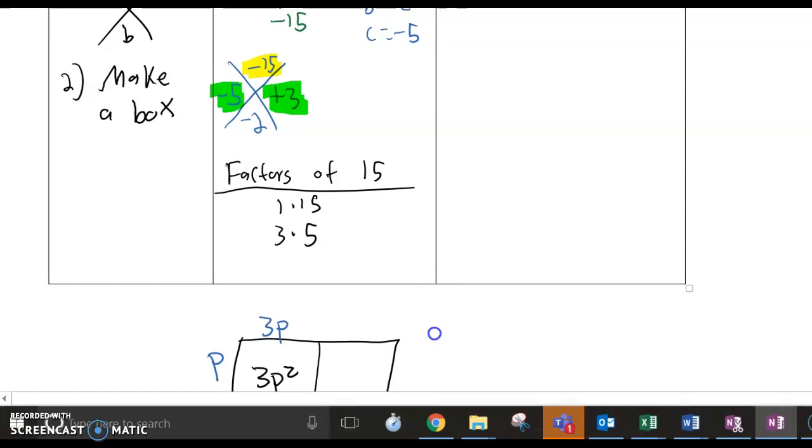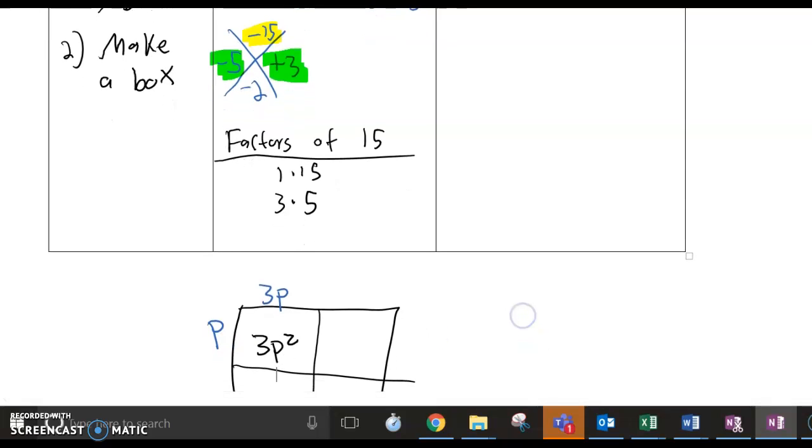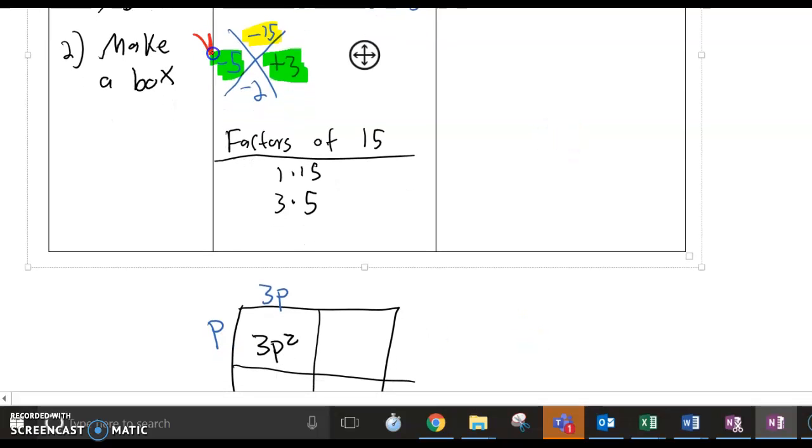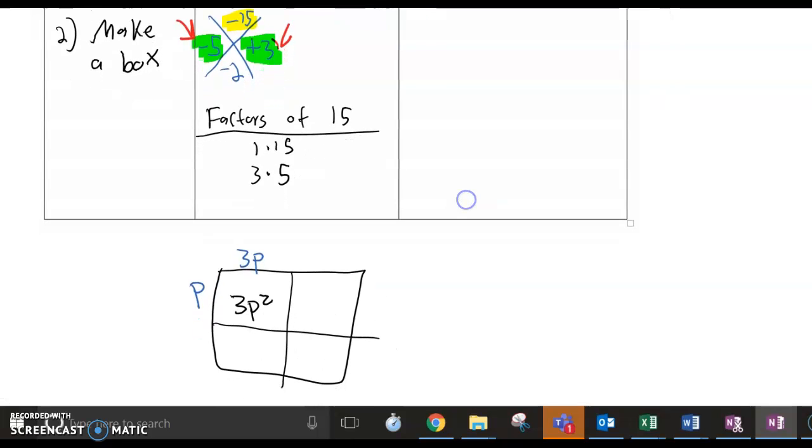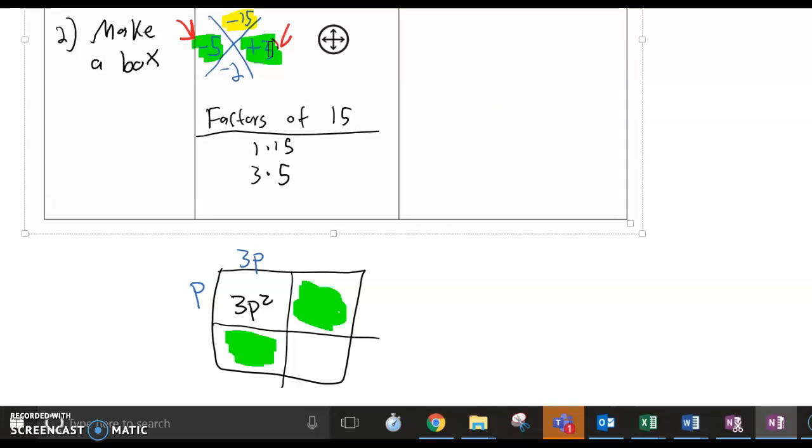Okay. Now I need to take these two guys here in green. I'm going to color code the box. Green goes with green. Well, let's look at this. This box right here, it has a 3. So we are better off picking the number that divides neatly with 3, which is going to be 3 and not 5.